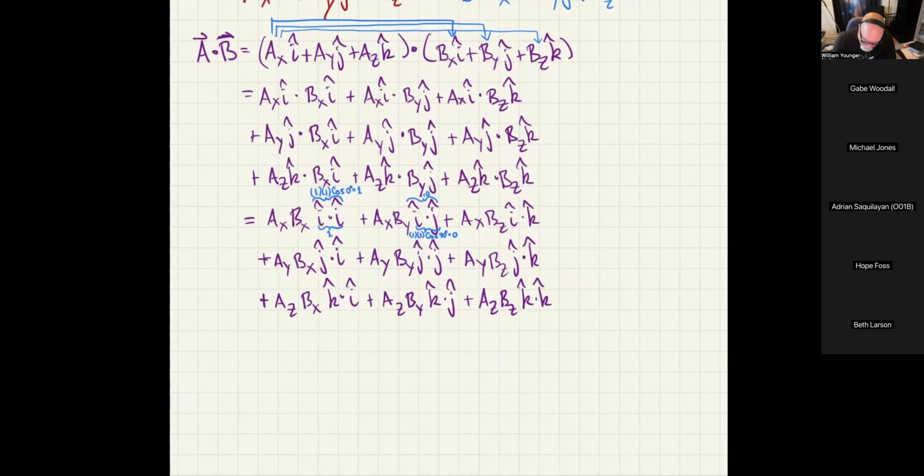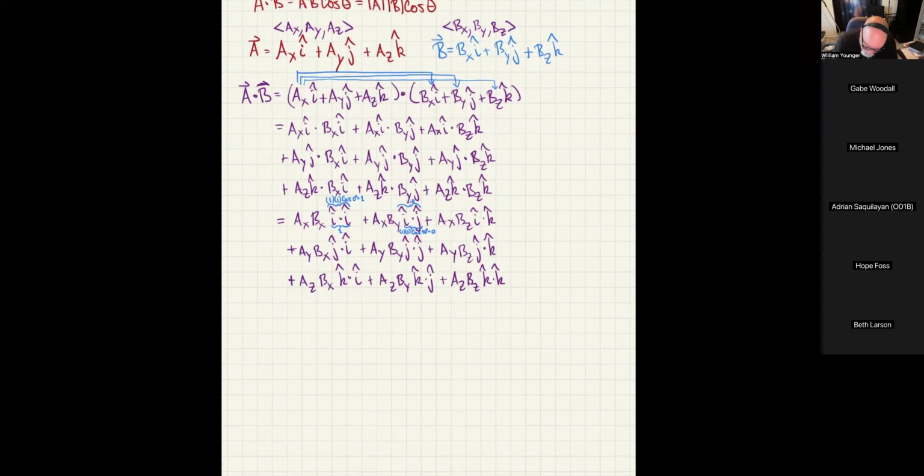So now I can go through and make this a lot simpler by writing 0, 0, 0, 0, 0. But I can also go back and write this one as j hat dot j hat, so it's 1. And this one would be k hat dot k hat, so it's 1.